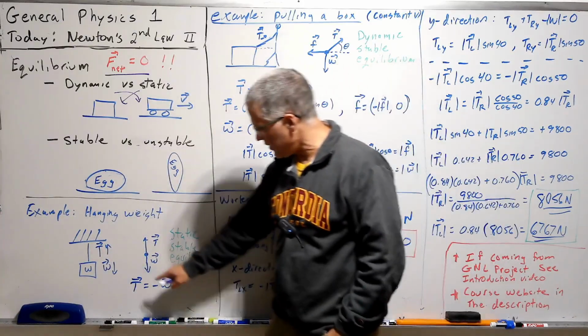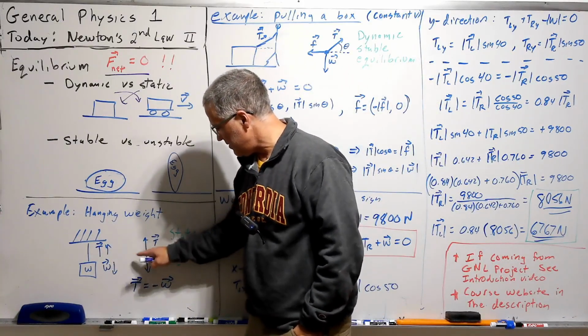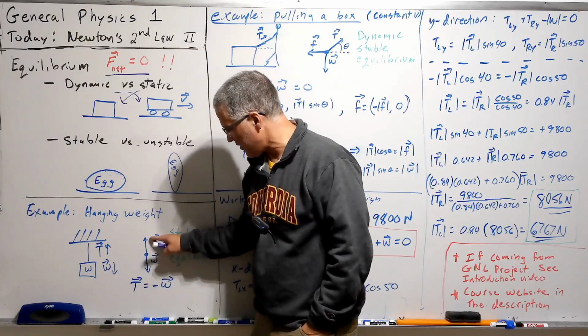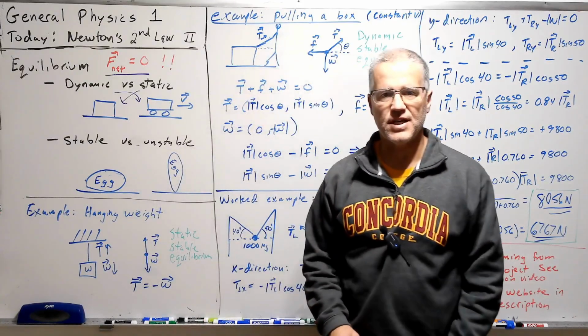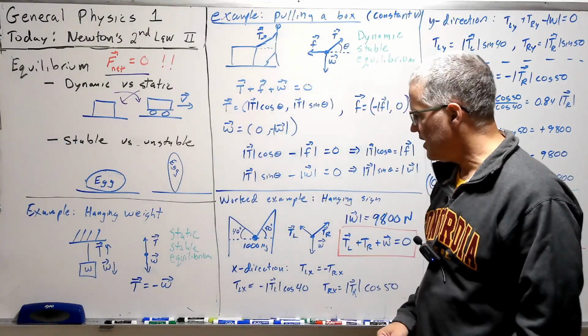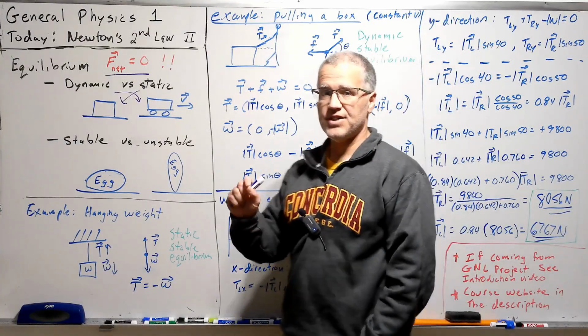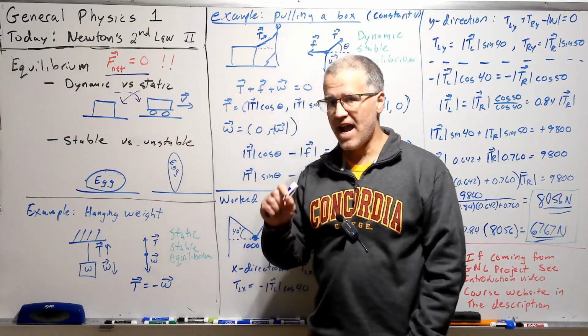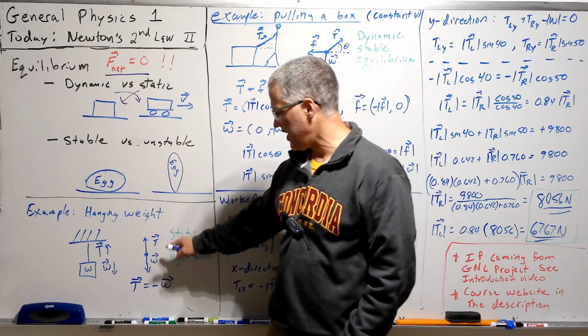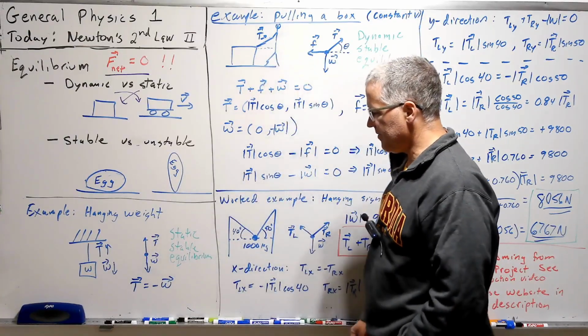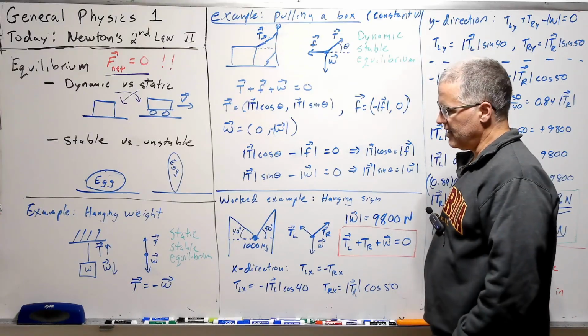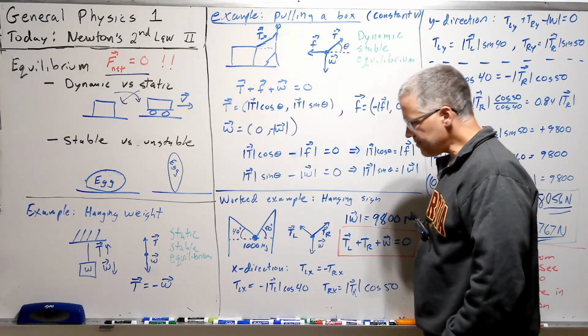If we draw a free body diagram for this, here's the weight, here's our free body diagram. We have equal and opposite tension and weight. And just as a reminder, these are not an action-reaction pair because they're on the same free body diagram, so not an action-reaction pair.